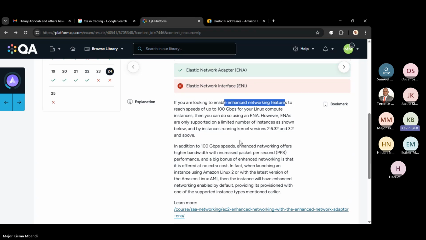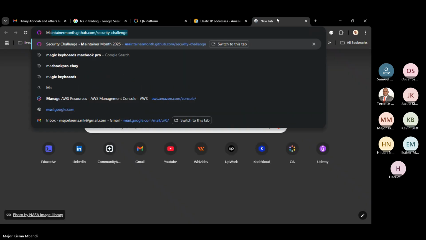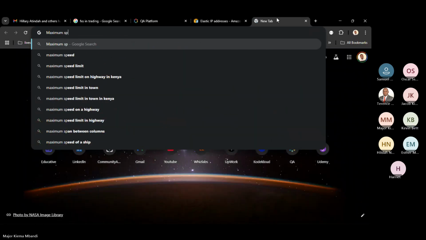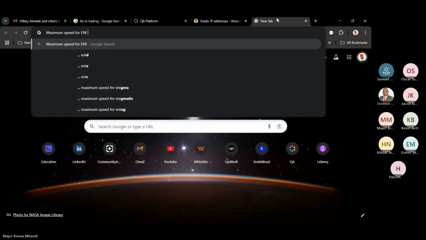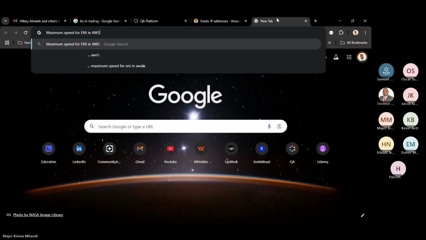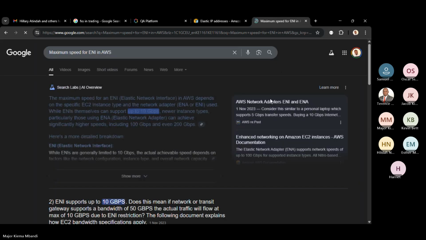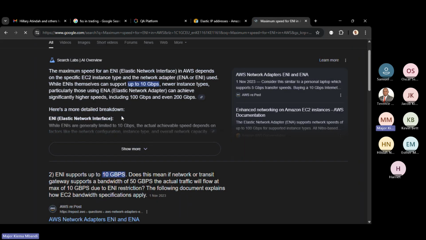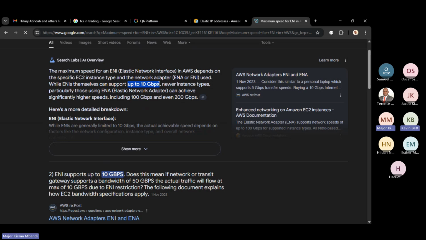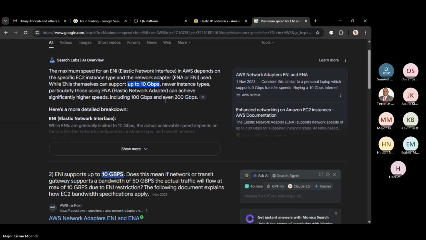What's the maximum I can do with the ENI? 10 gigabytes. Oh, okay, so it gives you 10 times more.